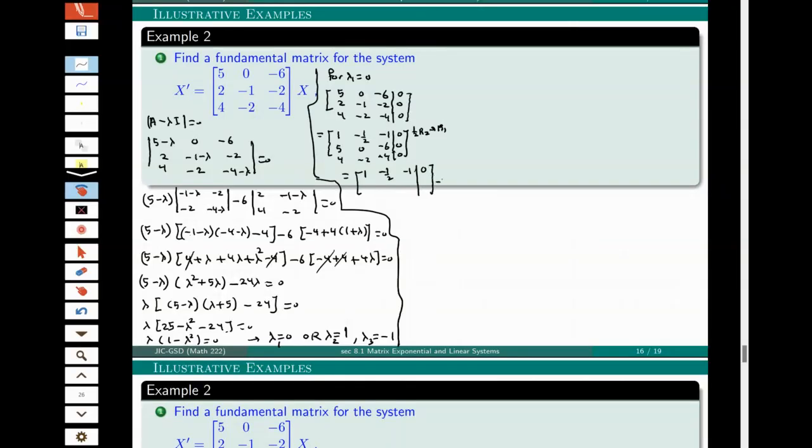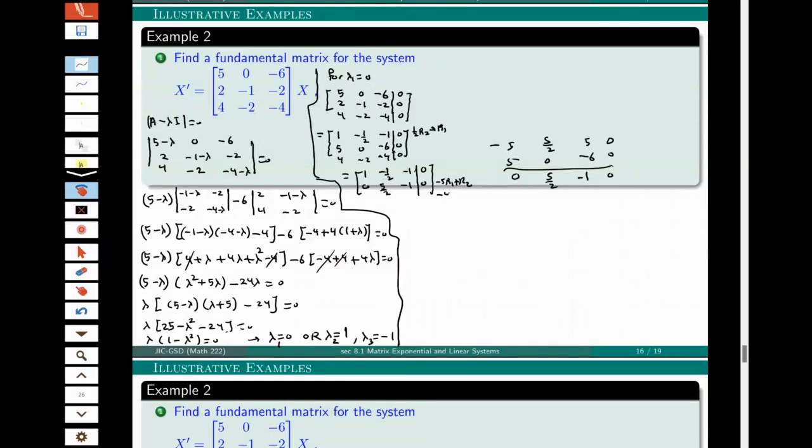So let's say minus 5 row 1 plus row 2. We multiply by minus 5, so that will be minus 5, 5 over 2, 5. We add it with 5, 0, minus 6, 0. So I'll get here 0, 5 over 2, minus 1 and 0.